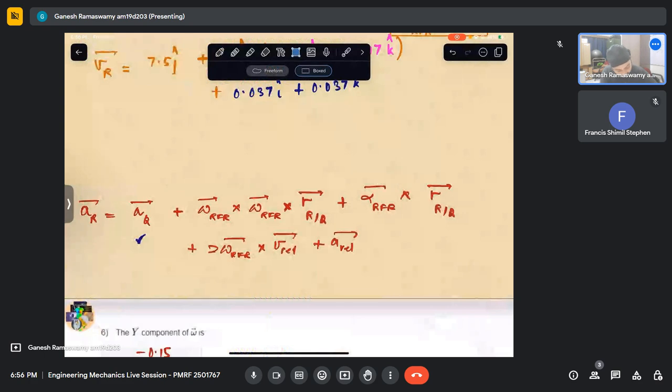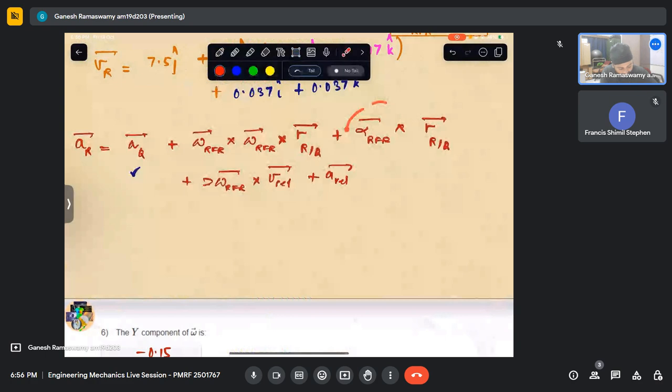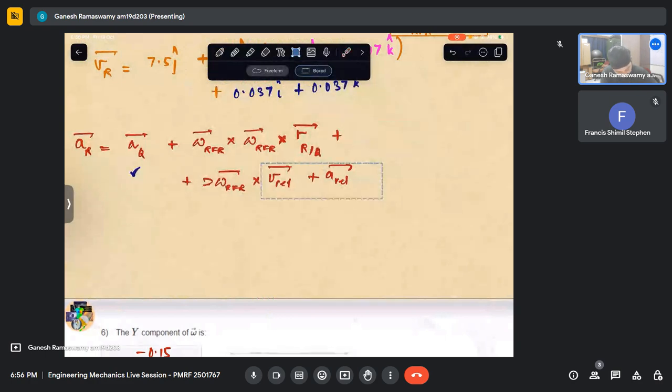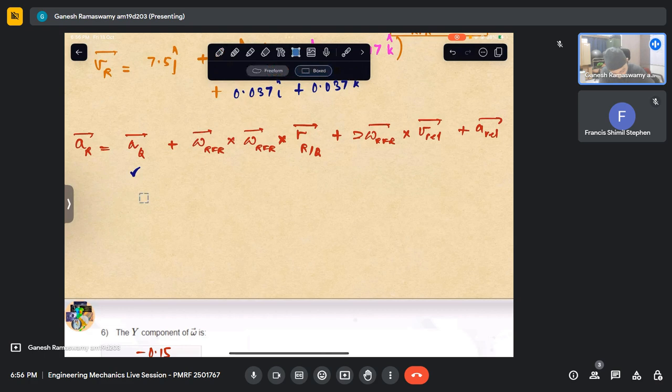By virtue of this being 0, I'll remove this quantity. Okay, so what is AQ? Acceleration of Q we had calculated somewhere.